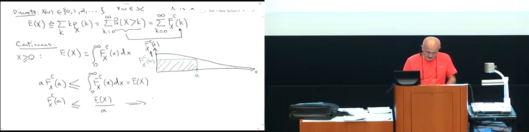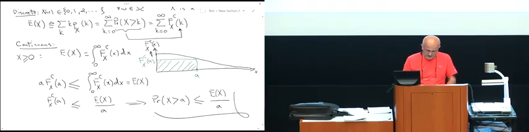But then the complementary CDF is simply the probability that X is greater than a. And that translates to this inequality. And this inequality we called what? Markov.